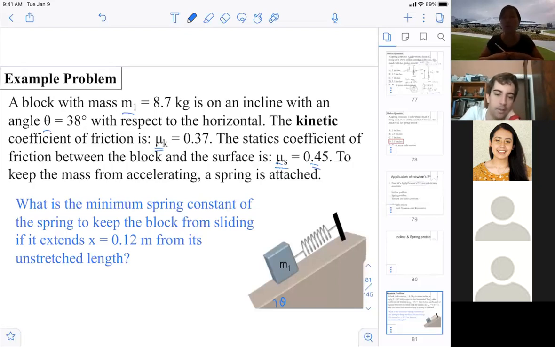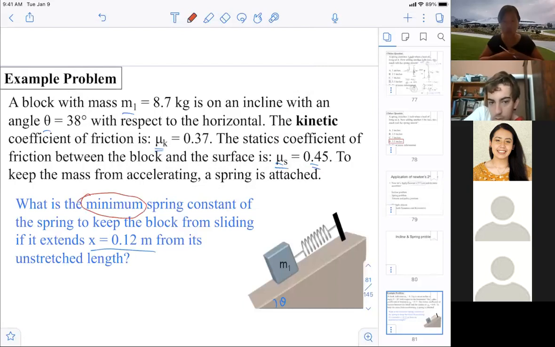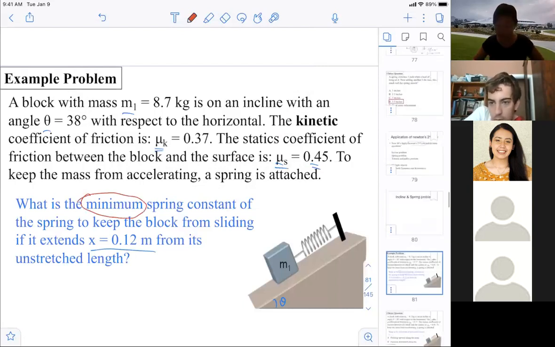You want to find the bare minimum spring constant that can prevent this box from sliding when the spring is extended 12 centimeters, 0.12 meters, from the relaxed state. So the key here is what is the minimum spring. What do you think that implies?